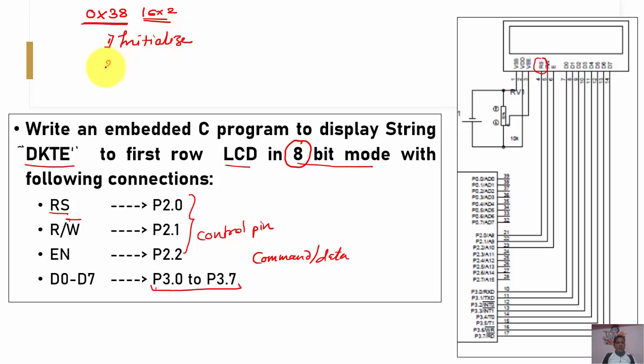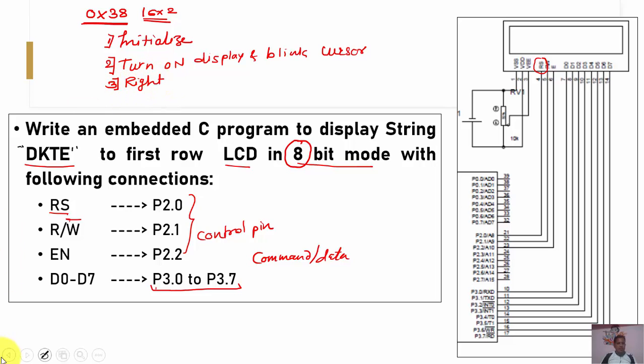Once we initialize the LCD, the second step is to turn on the display and blink the cursor, so that we get an idea about which position on this 16 by 2 LCD we are at. The third is to support the write increment.